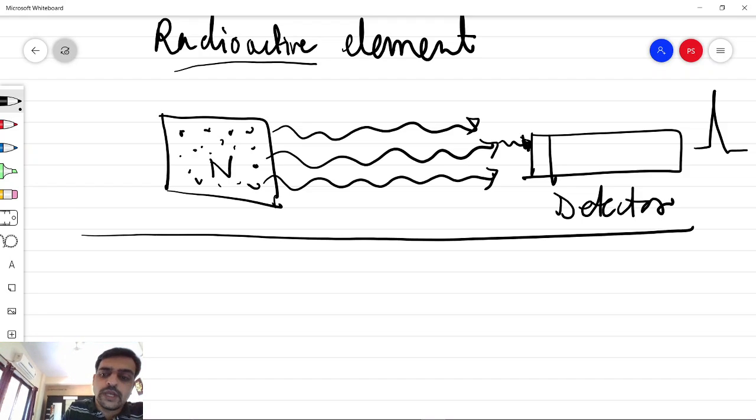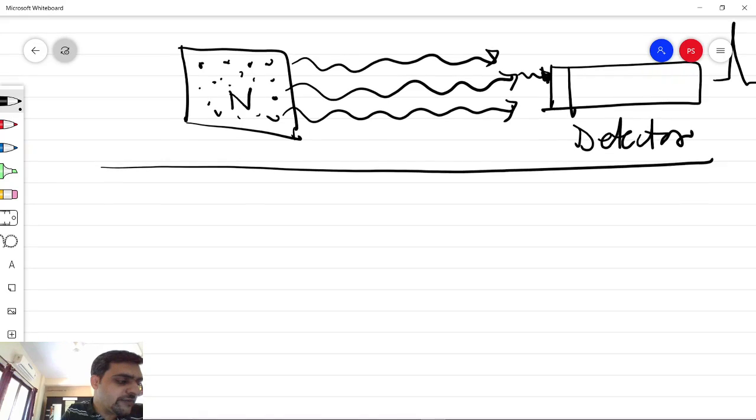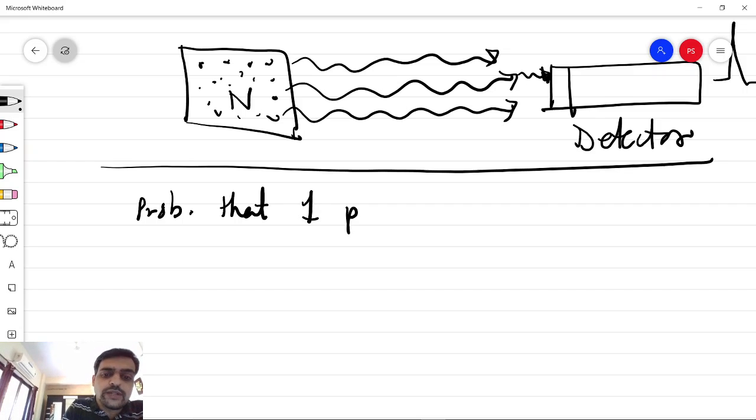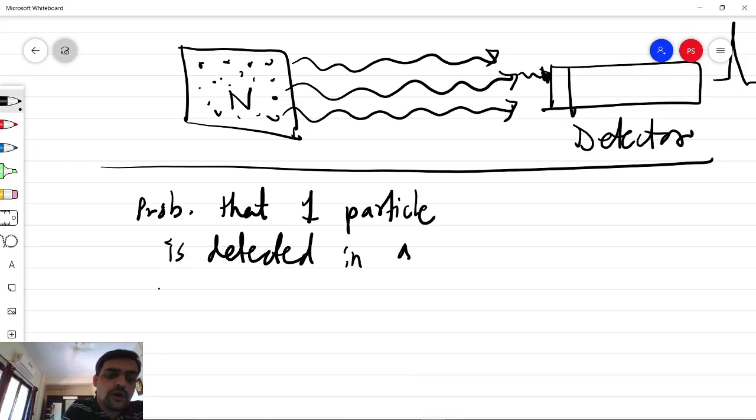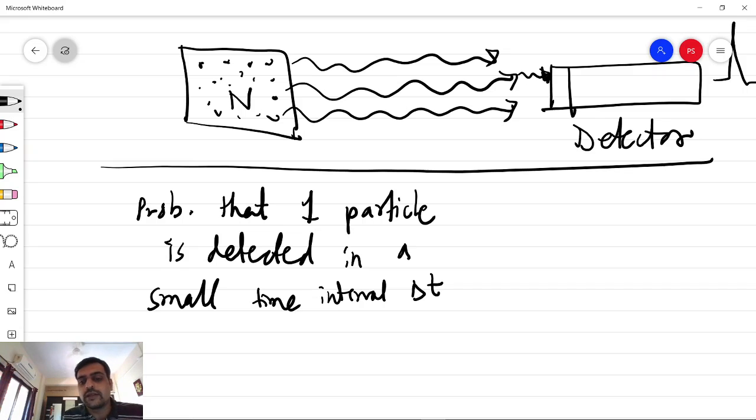Before that, let us define a value: the probability that only one particle is detected in a very small time interval delta t. Now we assume that there is a very short duration of time delta t, and we are considering the probability that only one particle is detected in this duration.